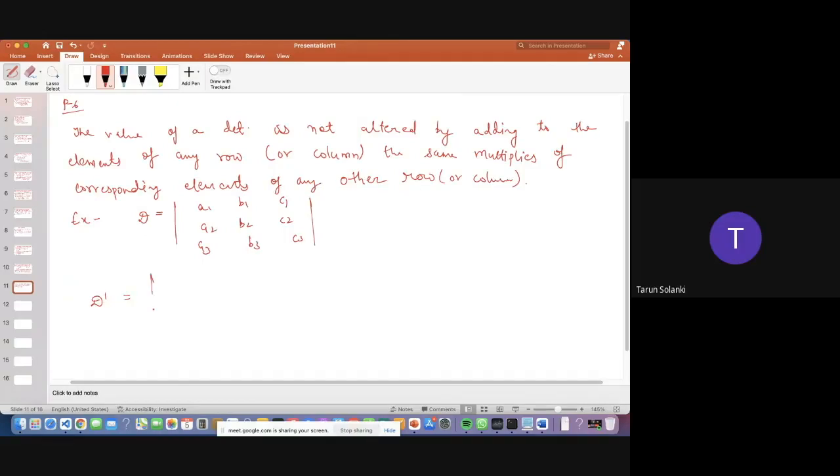D dash is A1 plus mA2, B1 plus mB2, C1 plus mC2, then A2, B2, C2, and here A3 minus nA2, B3 minus nB2, C3 minus nC2.